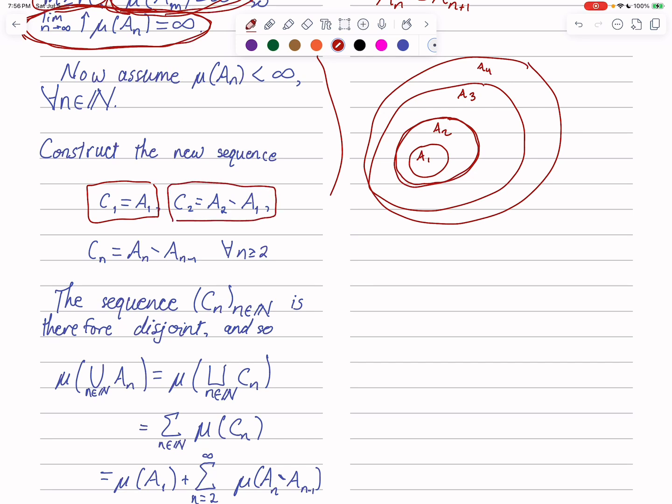So what we're doing is defining a new sequence, C1, C2, C3, and so on, Cn, such that these are now disjoint from each other. And in general, whenever n is at least 2, then we'll say that Cn is An minus An minus 1.